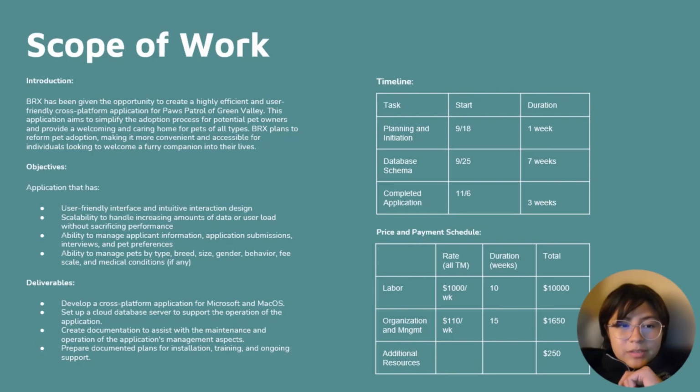We also want to be able to manage all of our applicant information as well as their application submissions, and then we also want to manage our pets' information, so all of their breeds, types, gender, all of those good categories that are important for potential applicants to know.